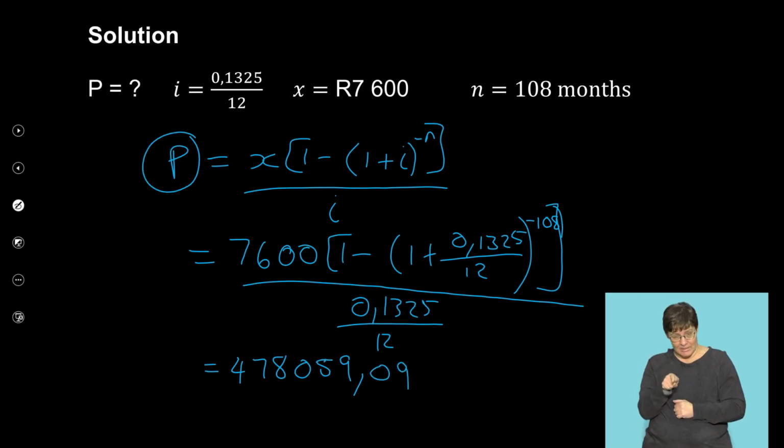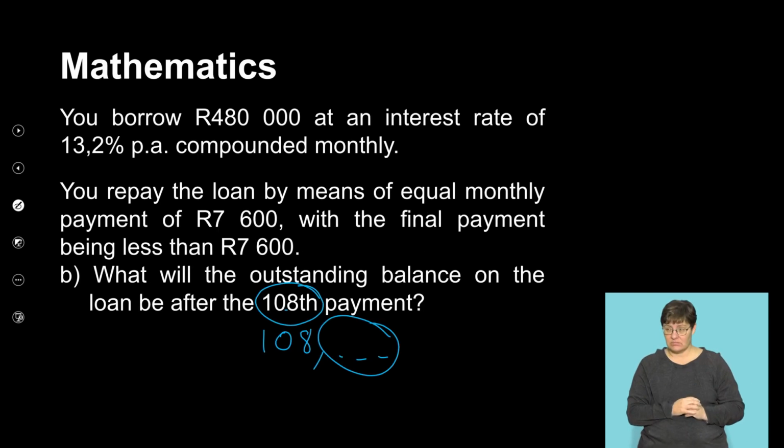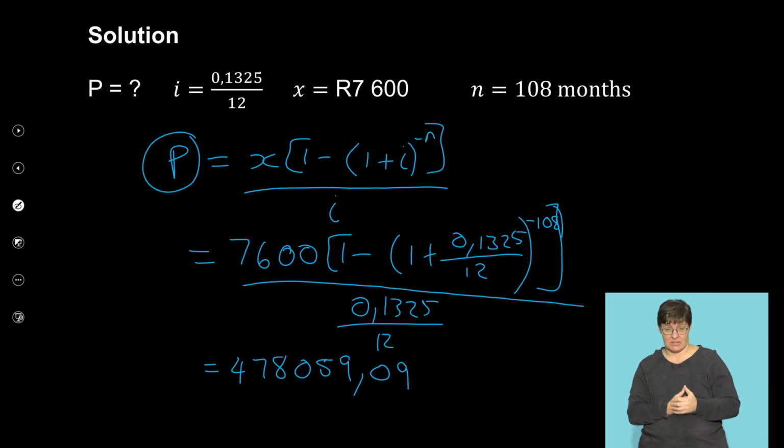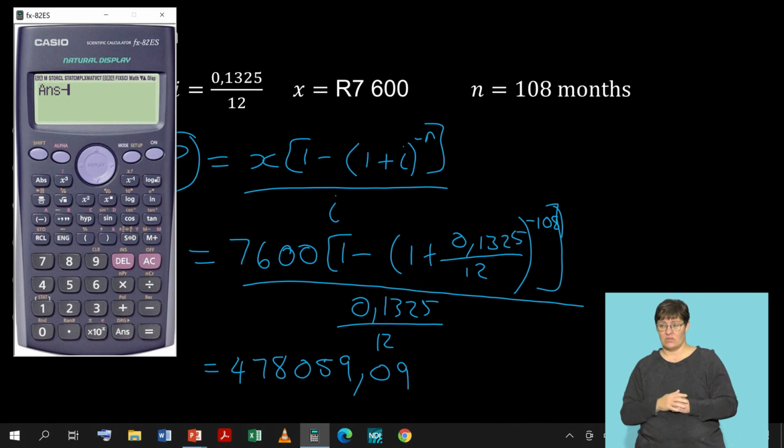Now, this is how much I would have paid the bank, right? Now, I need to just subtract the amount that I initially borrowed from the bank, the loan amount that I took from the bank. So remember, I borrowed 480,000. So I will just say 480,000 minus 478,059.09, and this will give me 1,940.